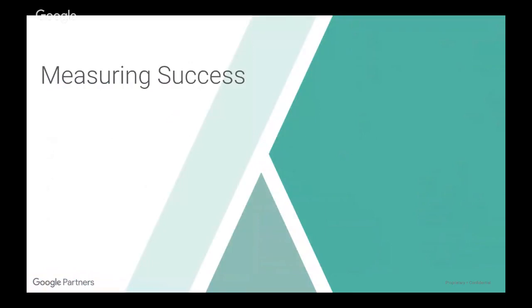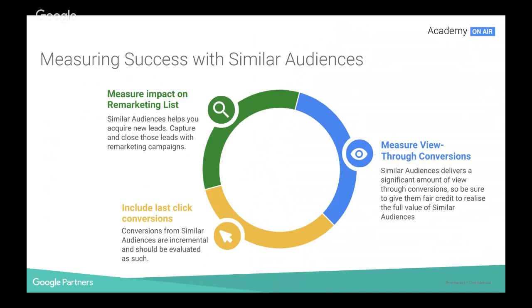Measuring success. It's really, really important. One thing to consider before you start to evaluate the performance of your smart display campaigns, similar audiences campaigns, is that similar audiences is not remarketing.